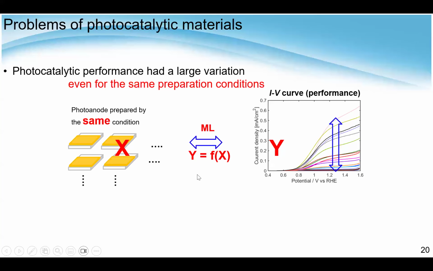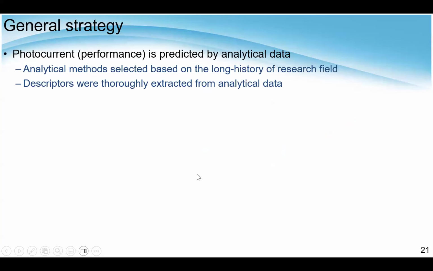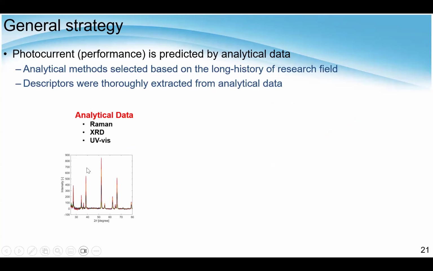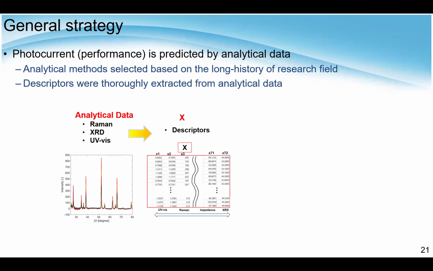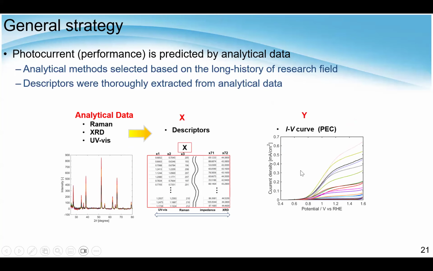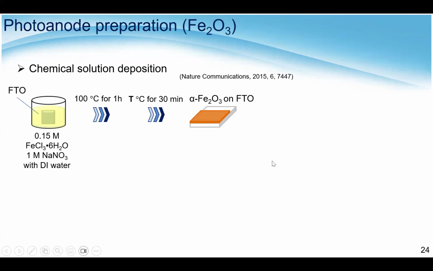So in this case, you cannot use machine learning. That's why we introduced analytical data to represent each of the materials. So X is taken from the analytical data and they are tabulated. And then the performance Y is predicted using the machine learning procedure, right?